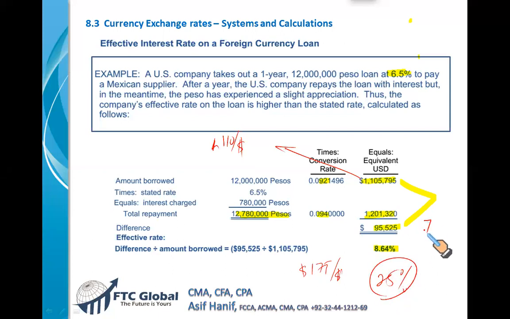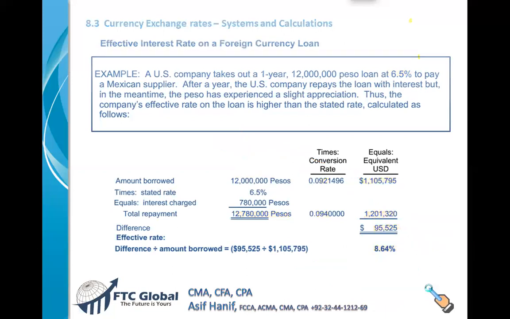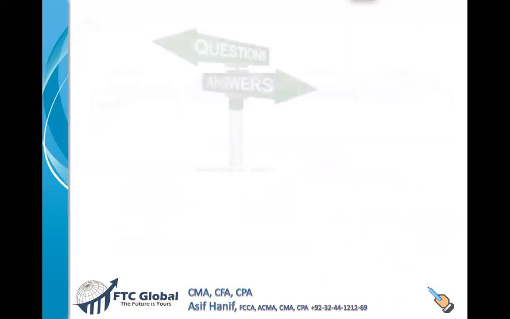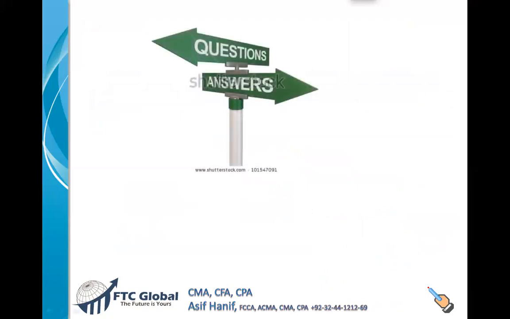So the loan that we have taken from the IMF might be 7%, but the effective cost could be 25%. This could be a very serious issue for a business that borrows in dollars, but because of exchange rate volatility, you end up paying 25% interest on borrowed money. So this is how exchange rate changes can make your loan so expensive.